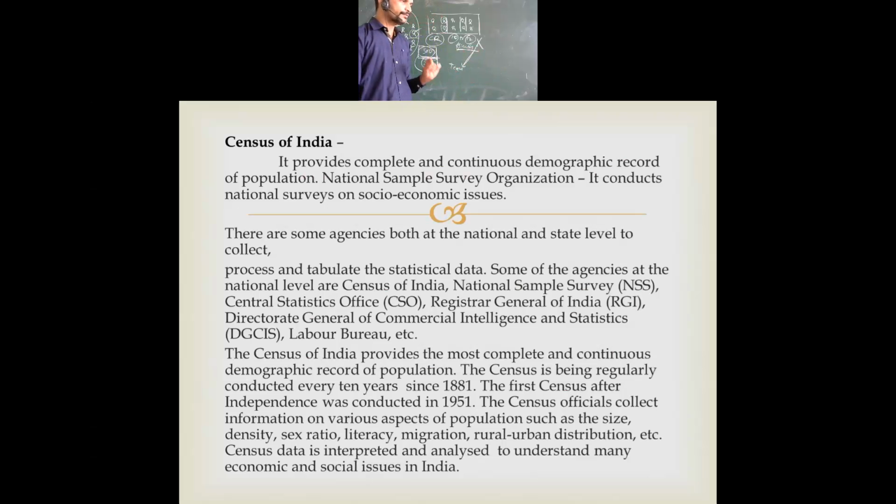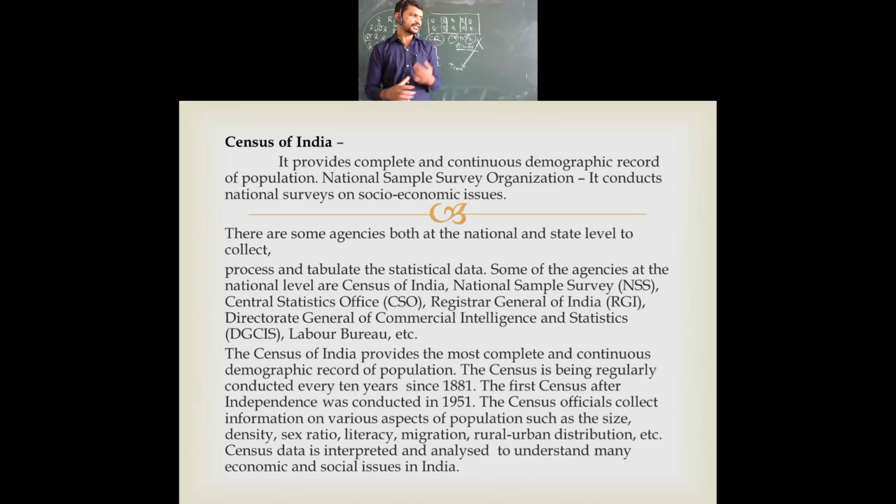The census officials collect information on various aspects of population such as size, the total number of people, the density, sex ratio, then literacy, the migration, urban rural distribution, etc.